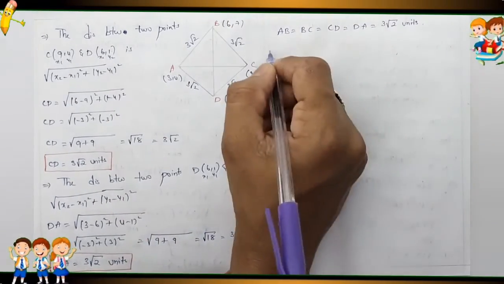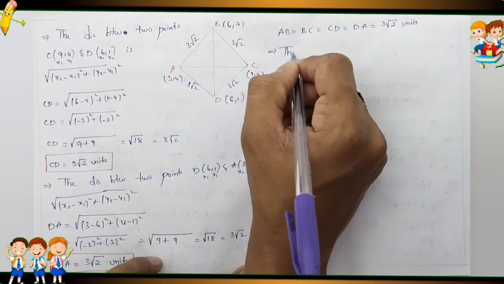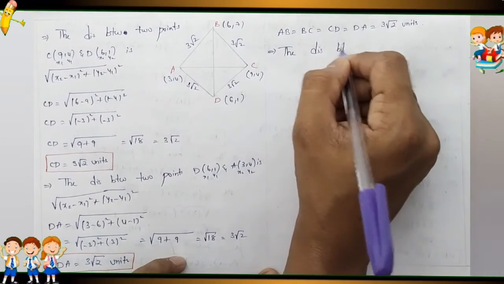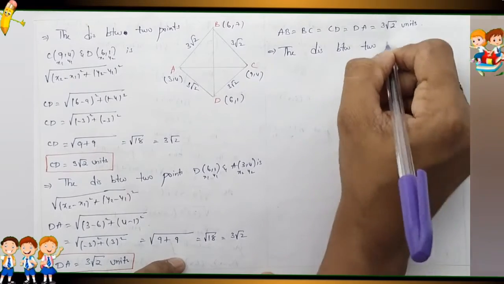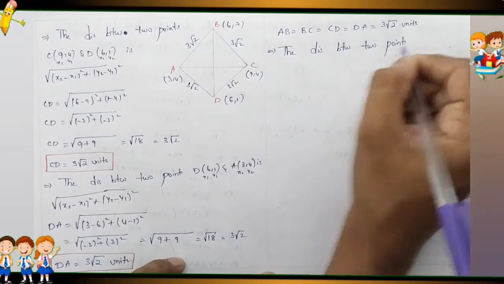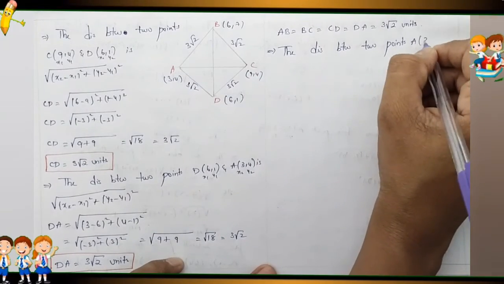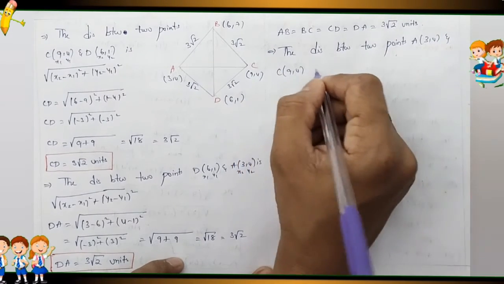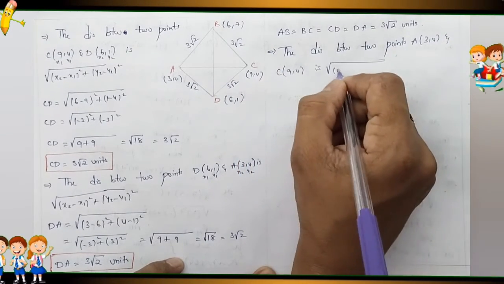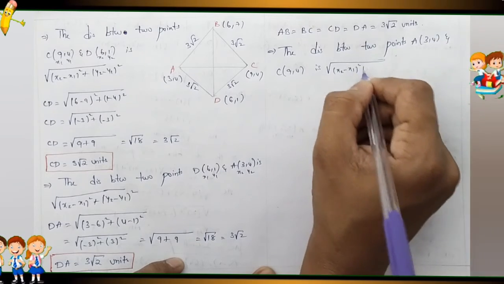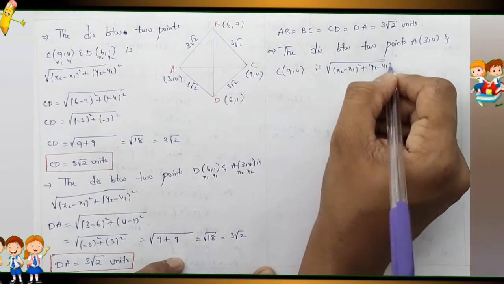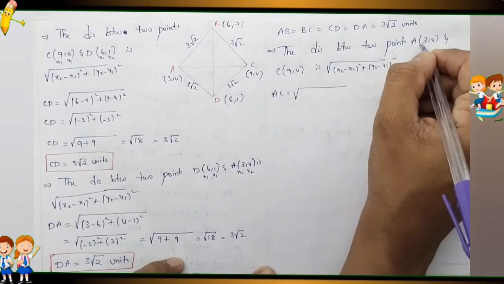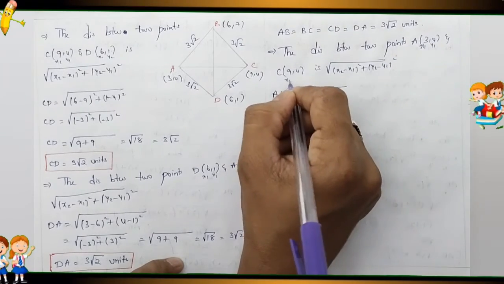Now again the distance between two points. Next, AC. A is (3, 4) and C is (9, 4). What is the formula? Square root of (x2 minus x1) whole square plus (y2 minus y1) whole square. Now AC is equal to the square root of, this is x1, y1 and x2, y2.